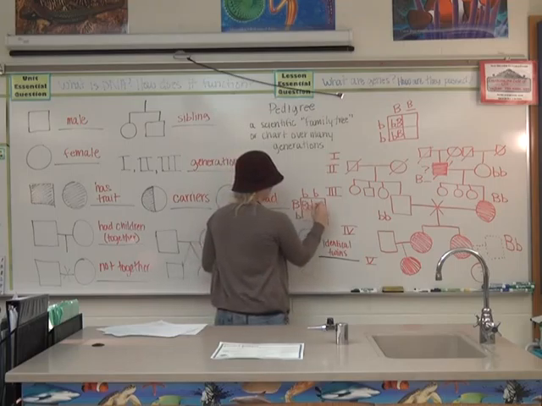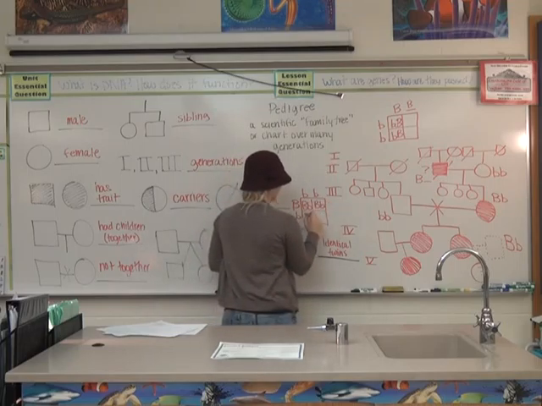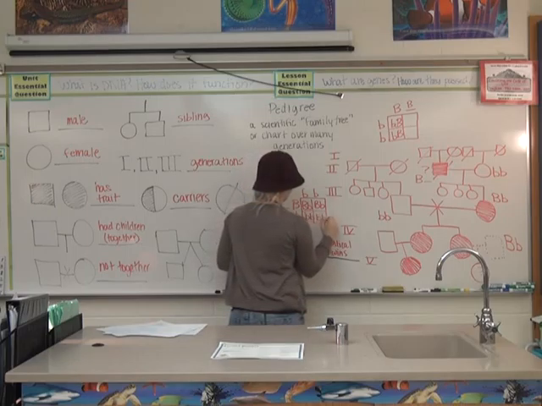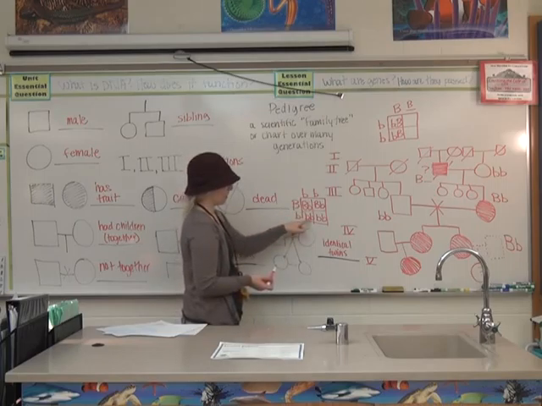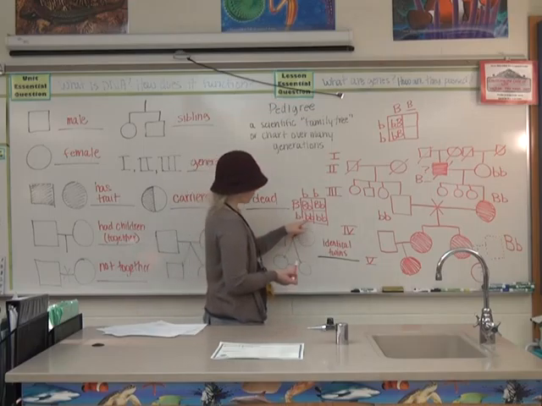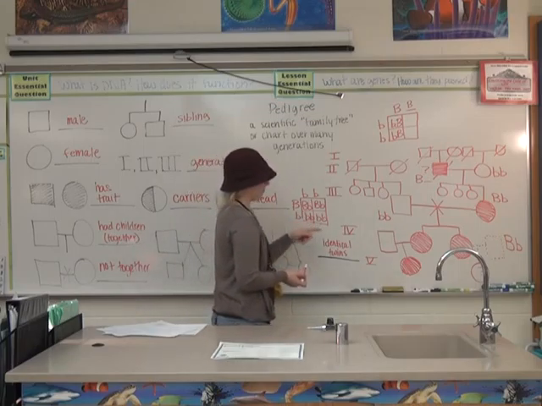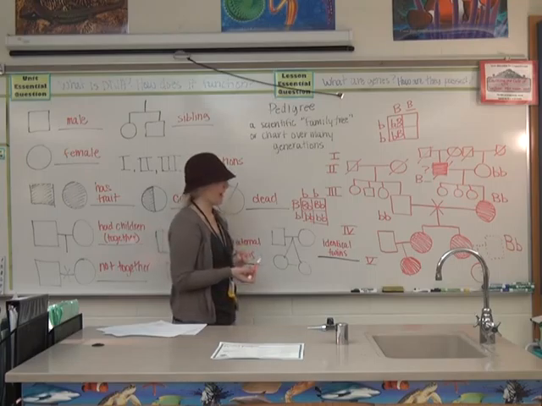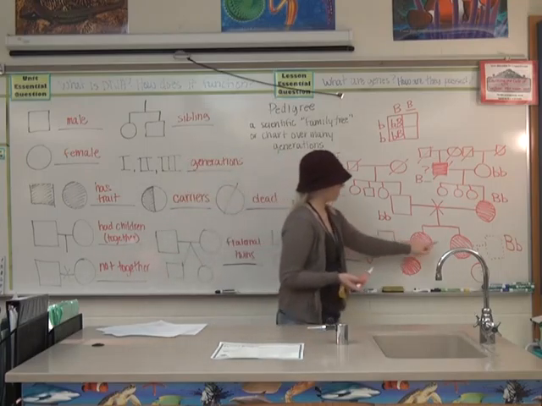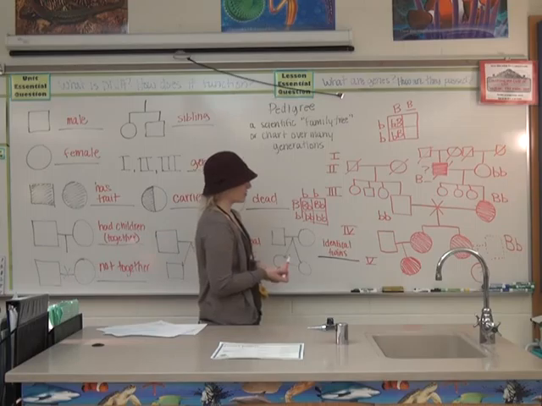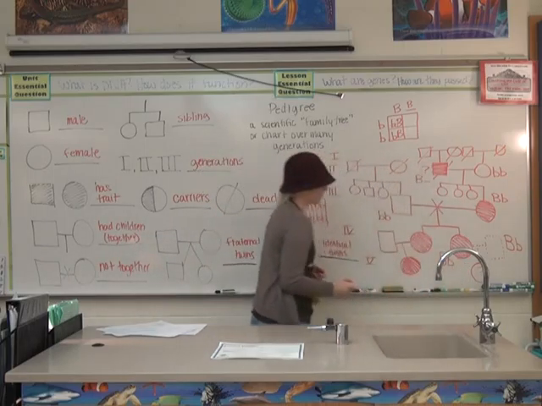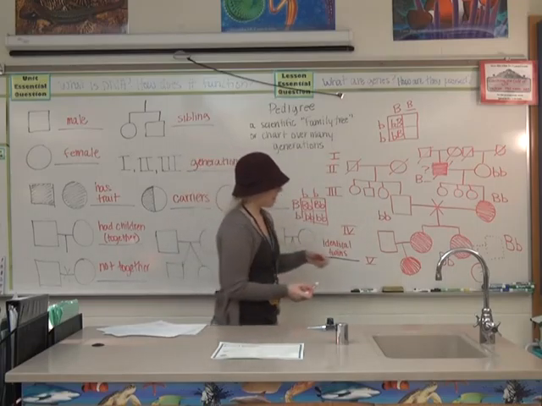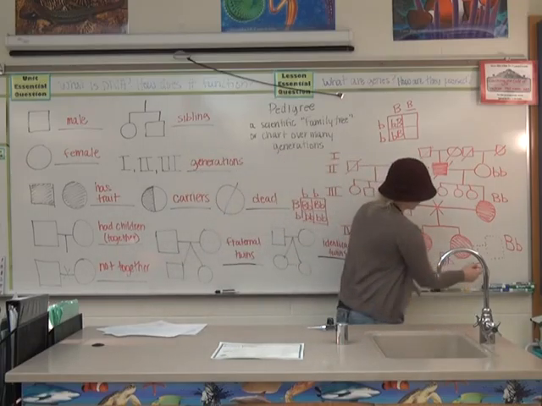So if I fill this in, we're going to see that me and my sister could either be capital B, lowercase b, or lowercase b, lowercase b. If we were lowercase b, lowercase b, it means we'd have the recessive trait, which is green eyes. But we don't. We know that both my sister and I have brown eyes, which means we have to be capital B, lowercase b.